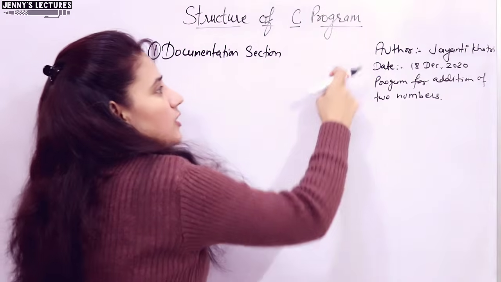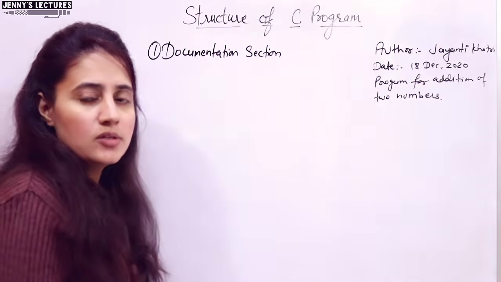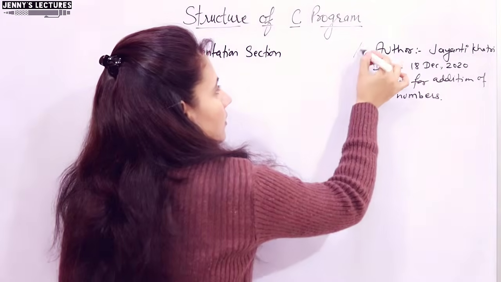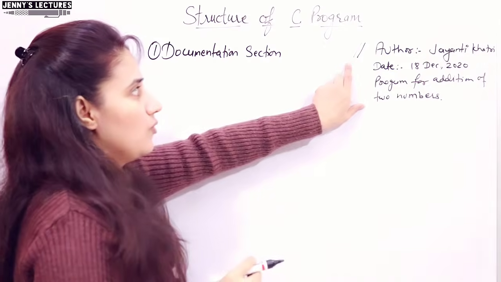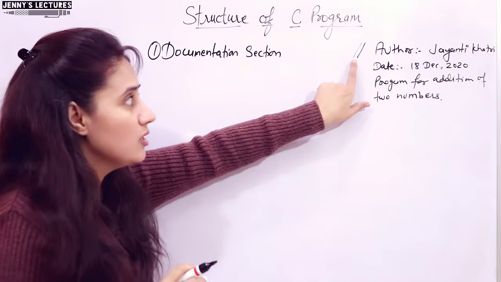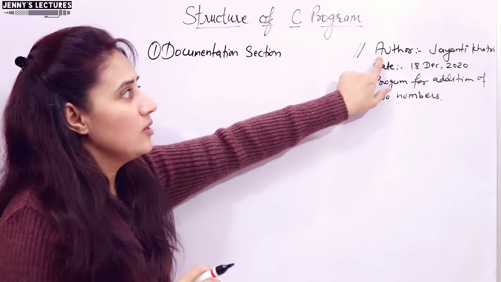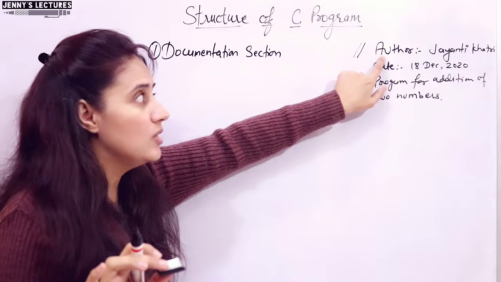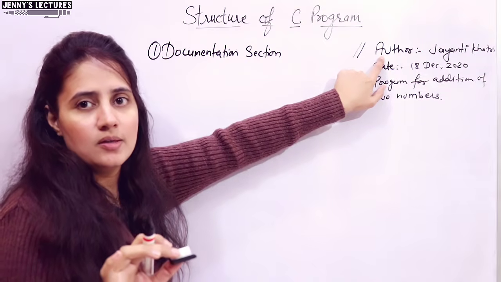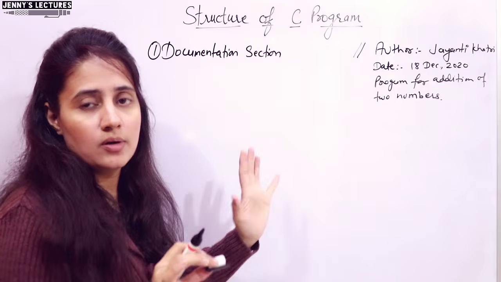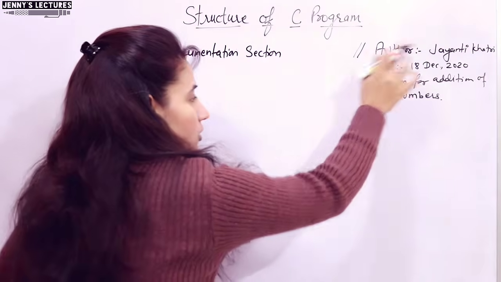Now these are comments, so you have to write these lines as comments. If you write // this is a single line comment in C language. Now what does this mean? This line would be ignored by the compiler, the compiler will not execute this line. The compiler is not going to convert this line into object code. Completely the compiler will ignore this line.